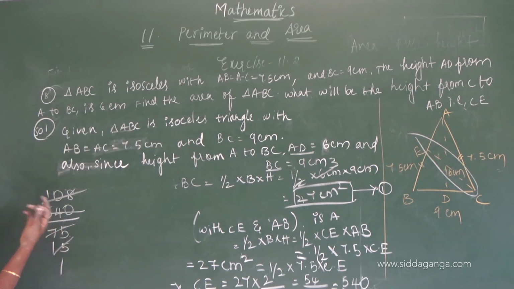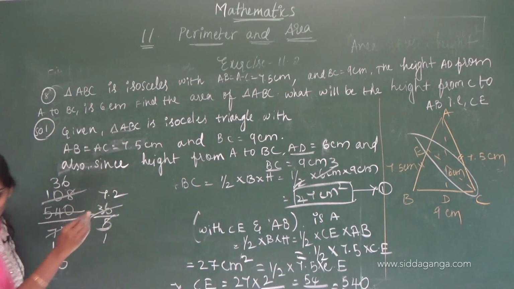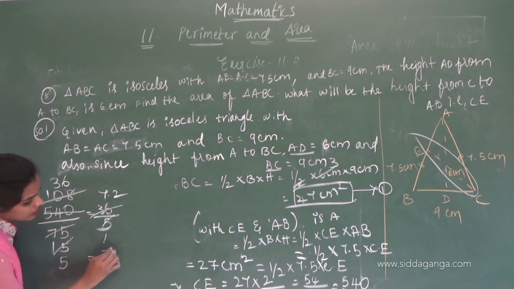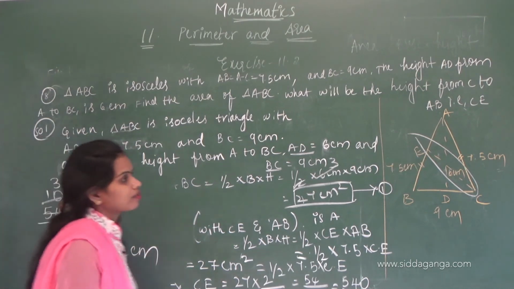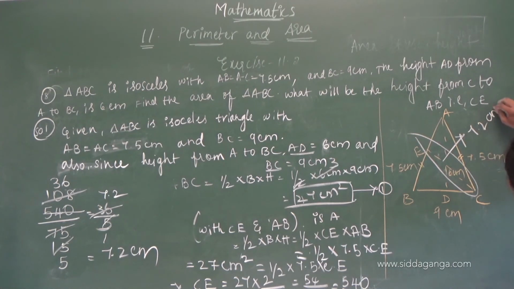Okay, with 3 just do this: 15 fives, 3 fives are 15, 3 twelves are 36. 36 by 5, that is 7.2, that is equals to 7.2 centimeters. What is the length of CE? That is 7.2 centimeters when AB is the base and the opposite side is CE.